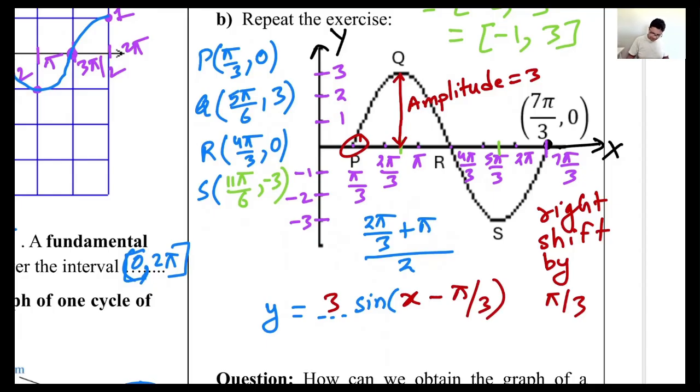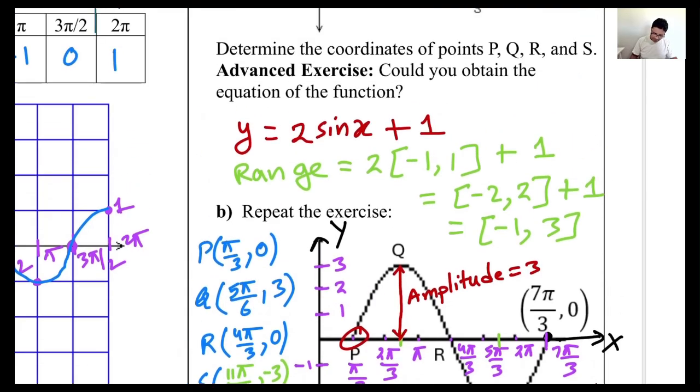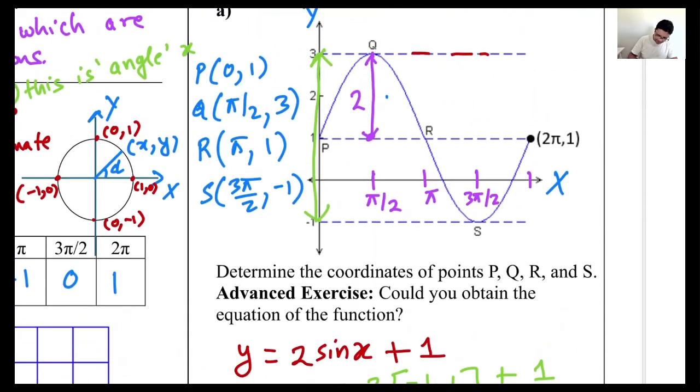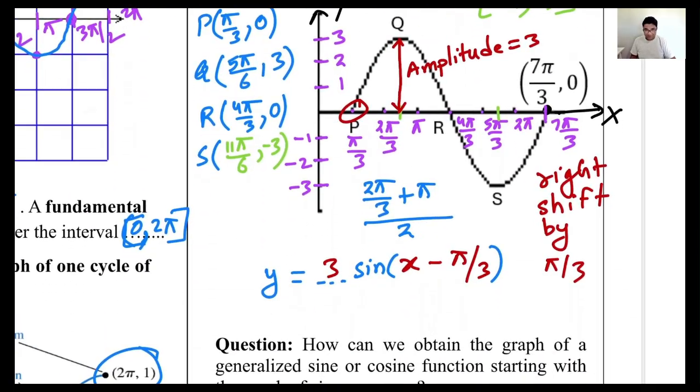So the equation of this graph is 3 times sine of x minus pi over 3. I'll go back here and note that the amplitude there is 2. That's why it was 2 sine x and vertically shifted plus 1. Here 3 sine, horizontally shifted, so x minus pi over 3. Right?